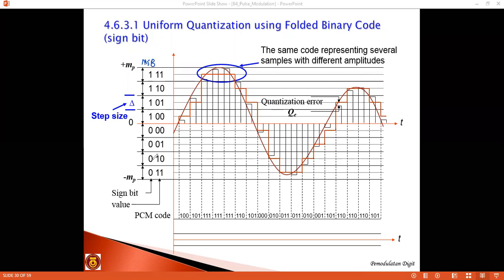We can differentiate more easily between negative and positive voltage. But the interval, the difference between levels, is still the same, which is delta V. It's just how we assign codes to the levels that differentiates between the previous technique and this one.